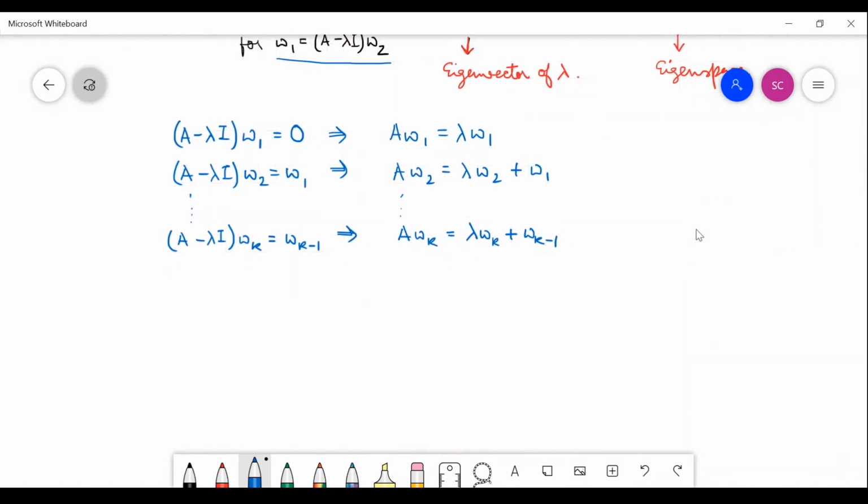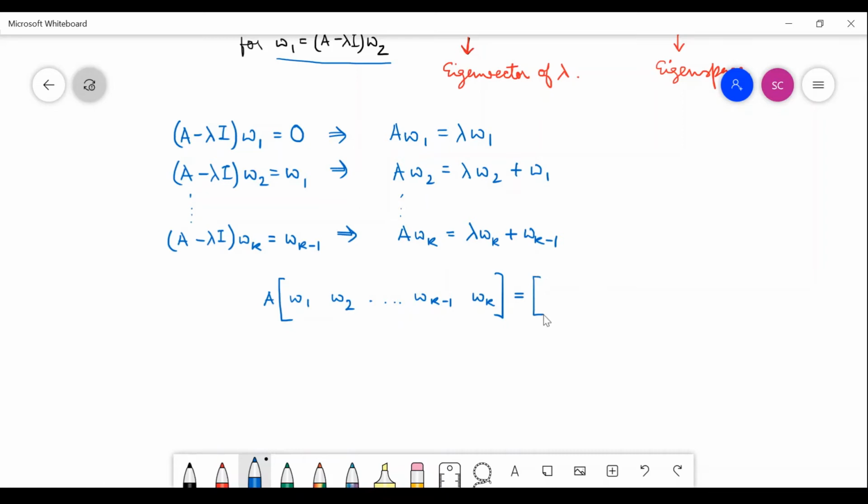I can write this LHS as A times a matrix where the columns are omega 1, omega 2, dot dot dot, omega k minus 1, omega k.